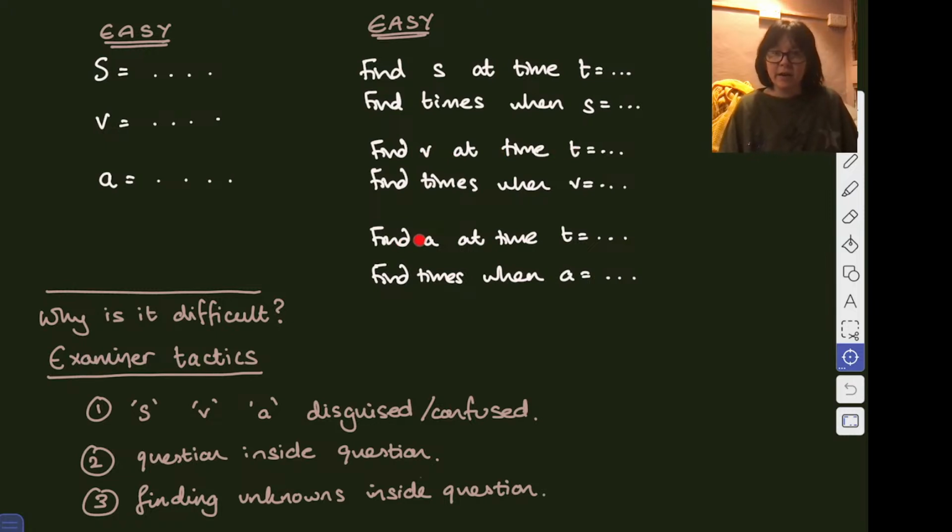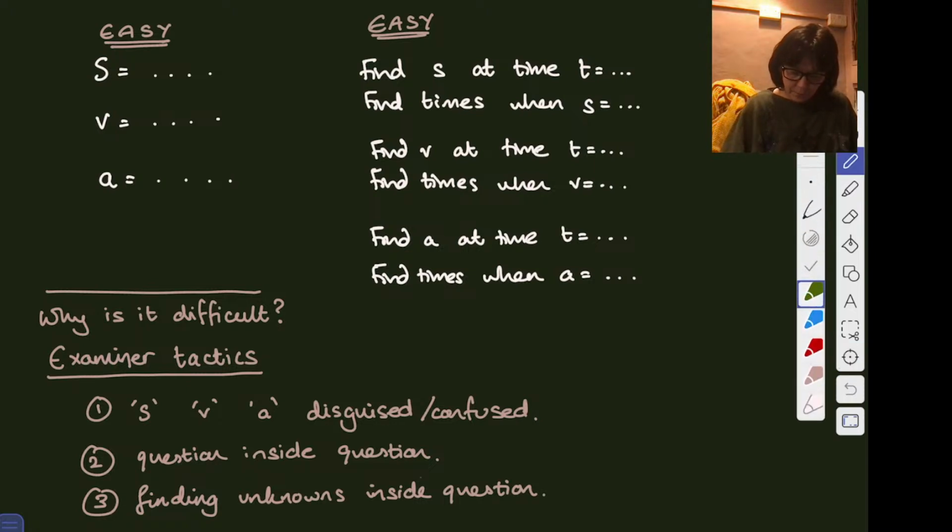Find the deceleration, or find the times when the deceleration is, or find the magnitude of the acceleration. So what they're doing in number one, the examiner tactic, is to change the words that they're using for displacement, velocity and acceleration.